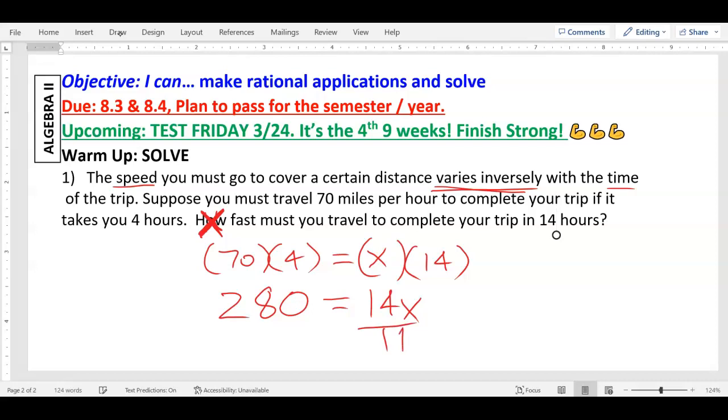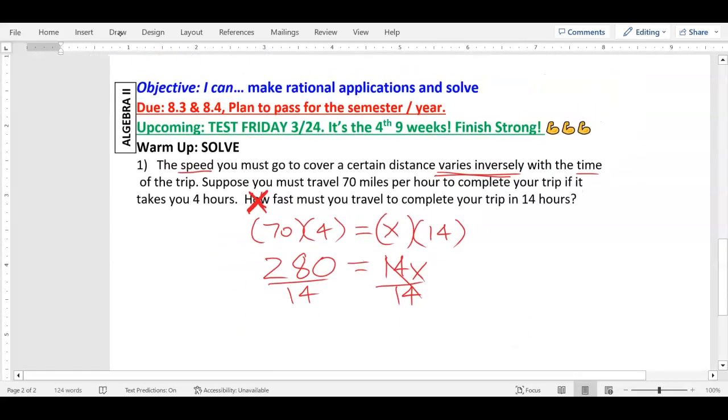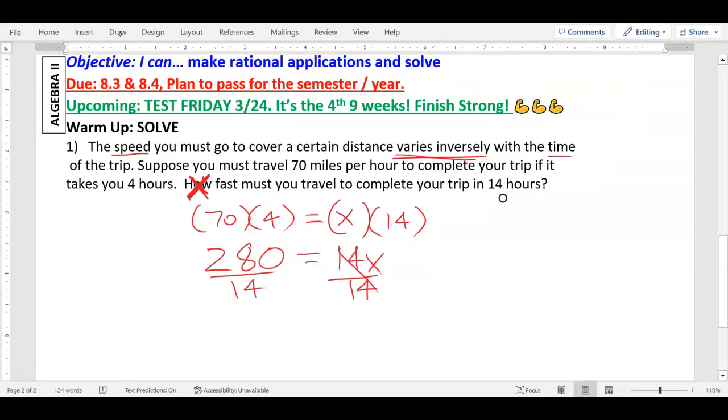Divide. What is 280 divided by 14? What was the answer over there? 20. Okay. So when you divide these, you get 20. And remember, we were looking for how fast. So this is 20 miles per hour.